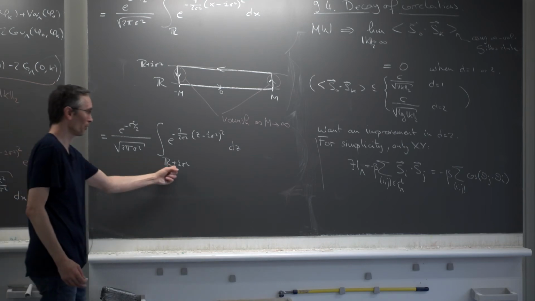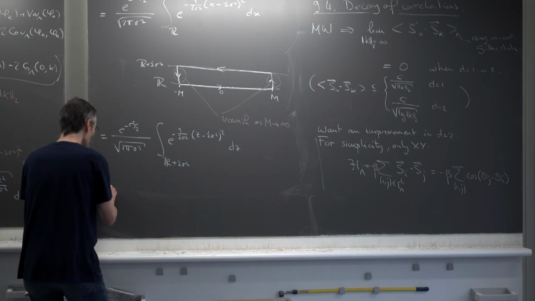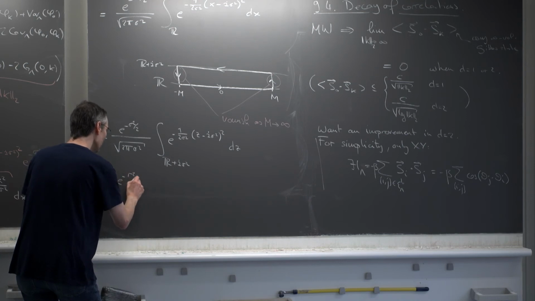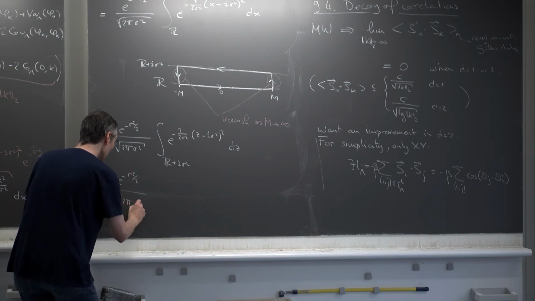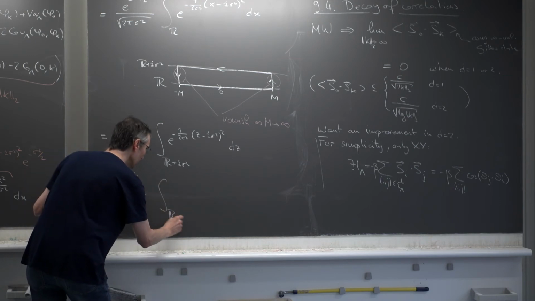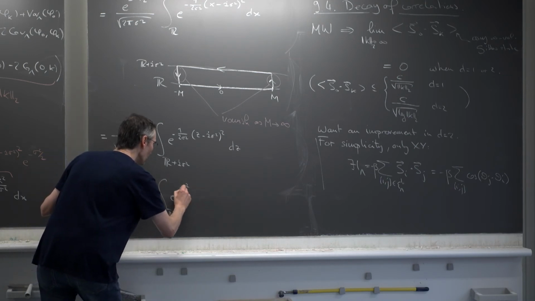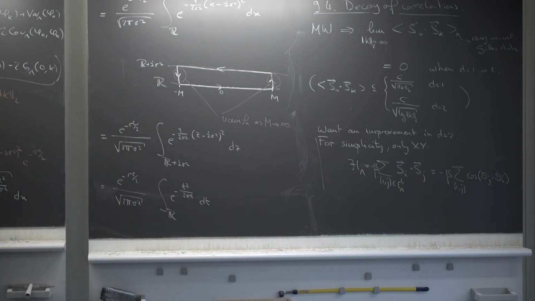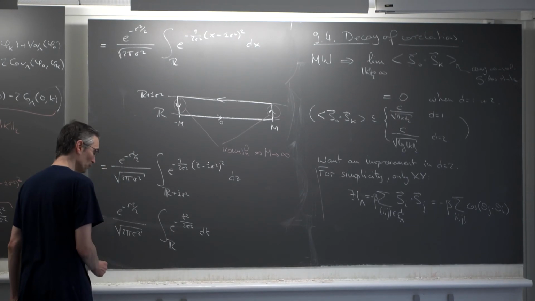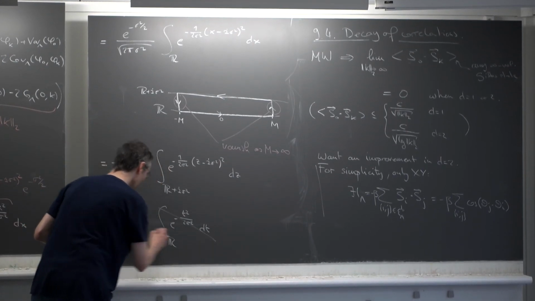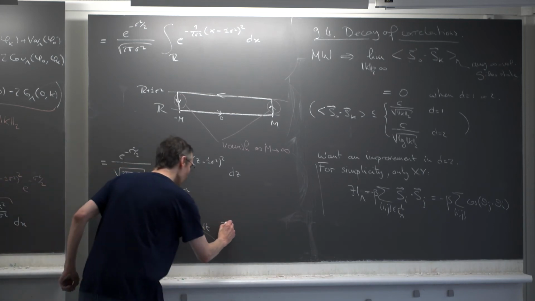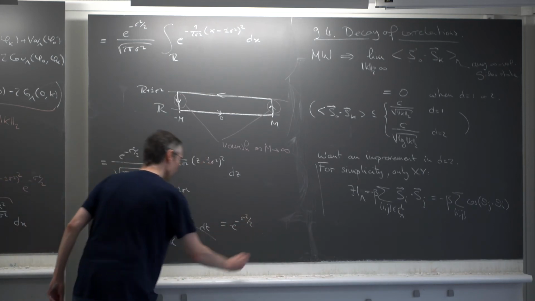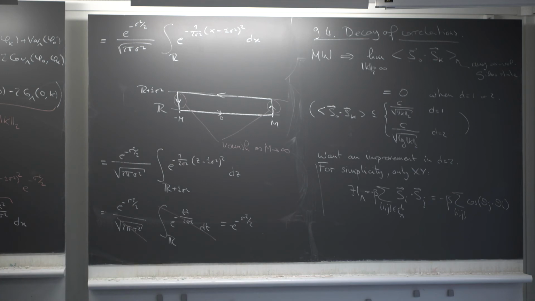To compute this integral along this path, you parameterize the path, which gives you a real integral again: e^{-sigma^2/2} over square root of 2 pi sigma squared, integral over R of e^{-t^2/(2 sigma^2)} dt. But this integral we know: it's equal to square root of 2 pi sigma squared. So this cancels with the denominator, and what you're left with is e^{-sigma^2/2}. So that's one way of computing this kind of Fourier transform of the Gaussian.